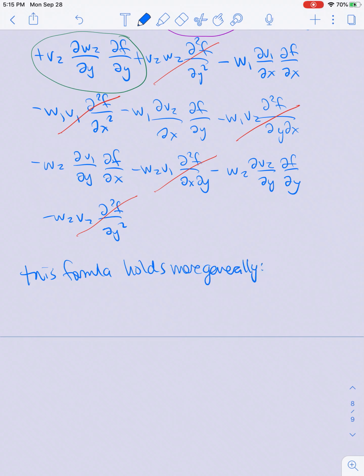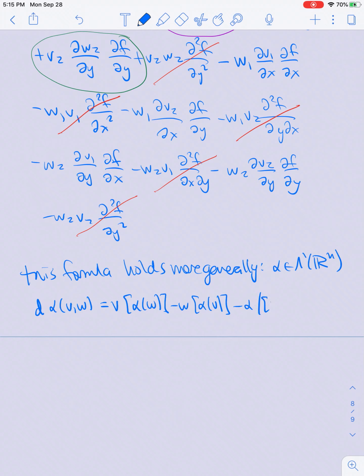So in your book, Fortney goes through the work to show that for any one form on Rn, d alpha applied to the pair V, W is equal to V applied to alpha at W minus W applied to alpha at V minus alpha applied to the Lie bracket of V and W.